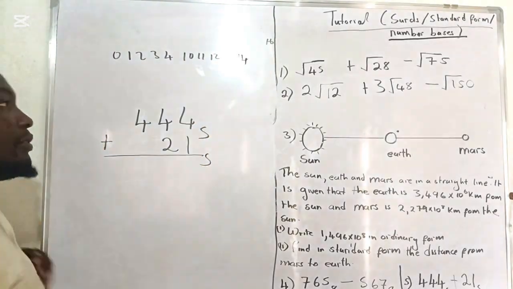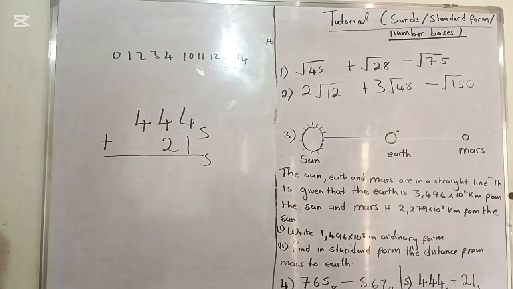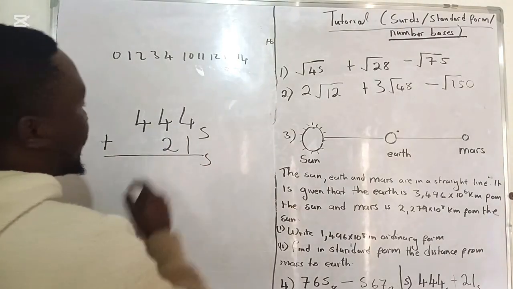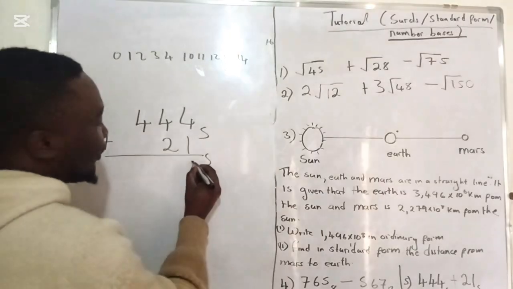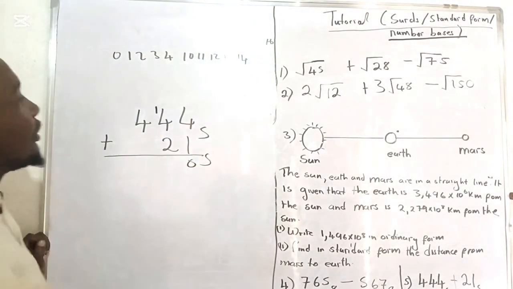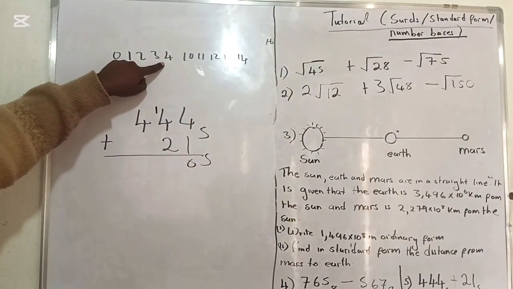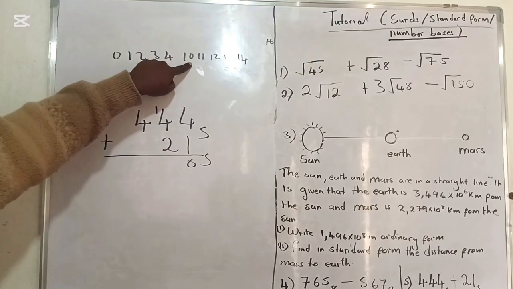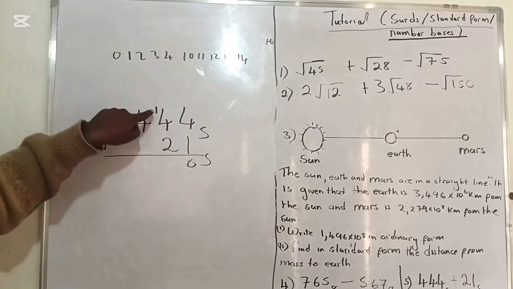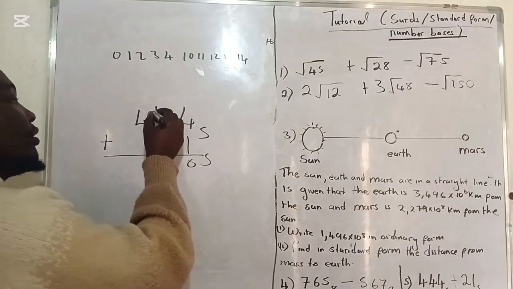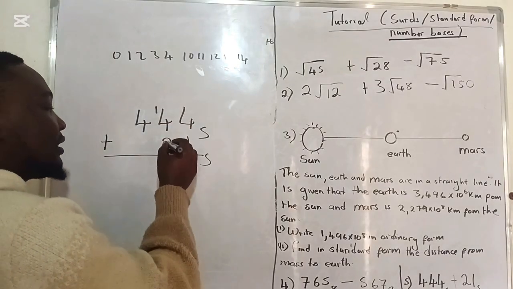There is no 5 in base 5. So 4 plus 1, that's 10. You see how I write my numbers? So 4, if we add another unit, it's going to be 10. So 0, carry 1.